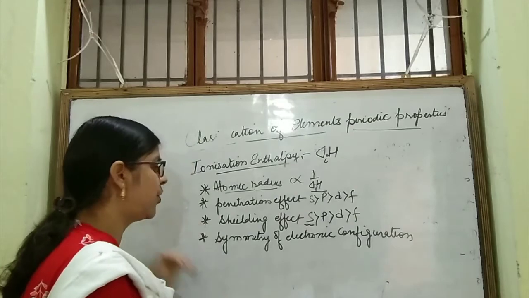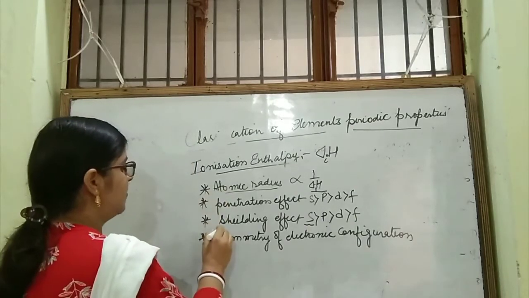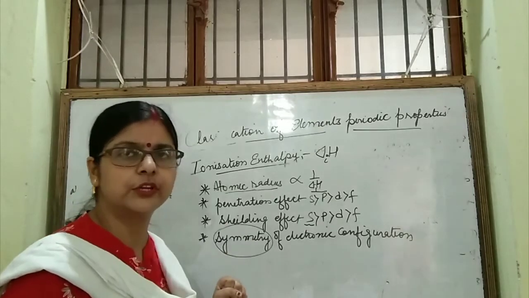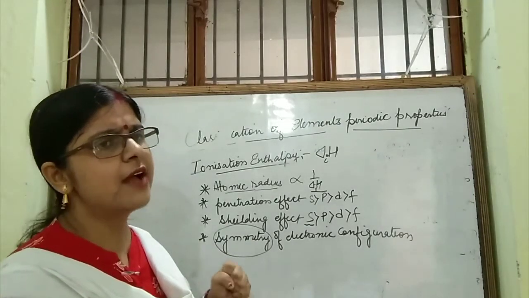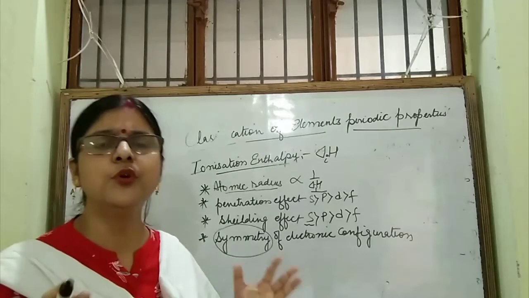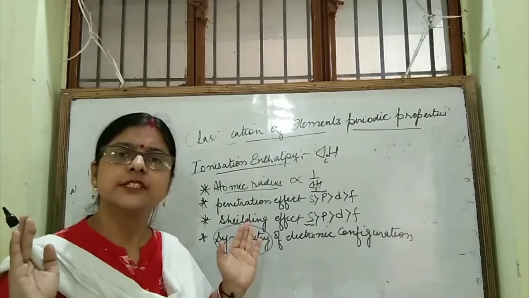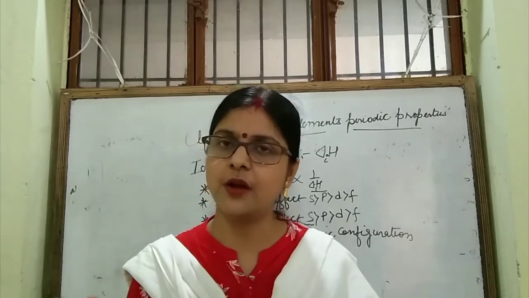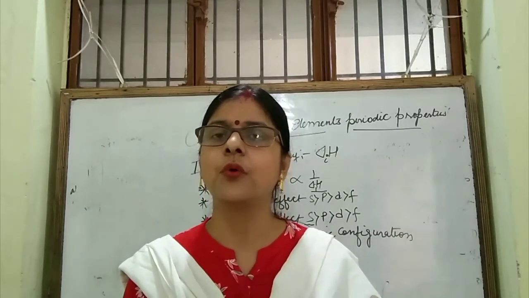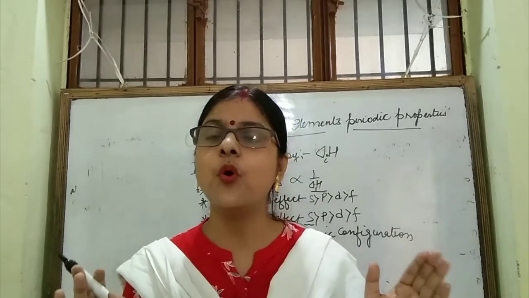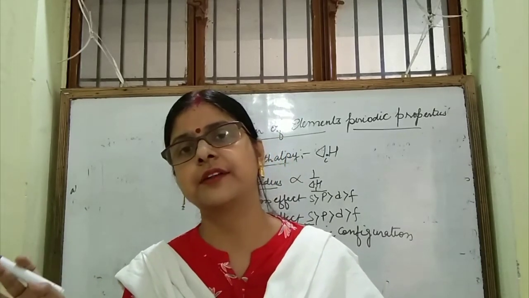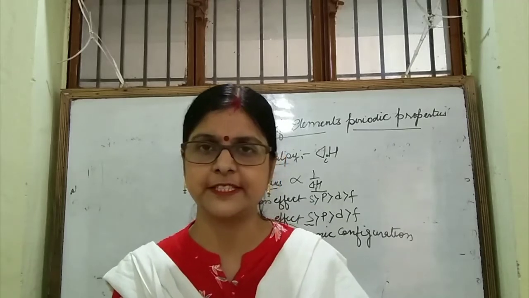It is a very important factor. If you remember this, you can solve many questions. We have studied that half-filled and fully filled orbitals have symmetrical electronic configuration, so they are more stable. So they have more ionization enthalpy than atoms of other elements.